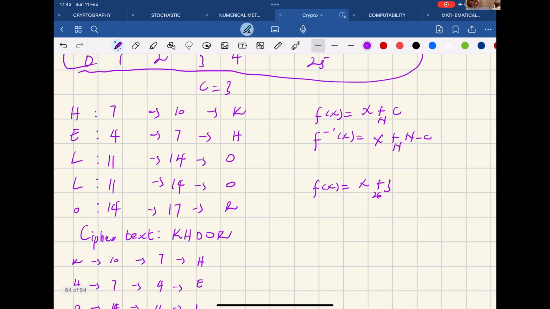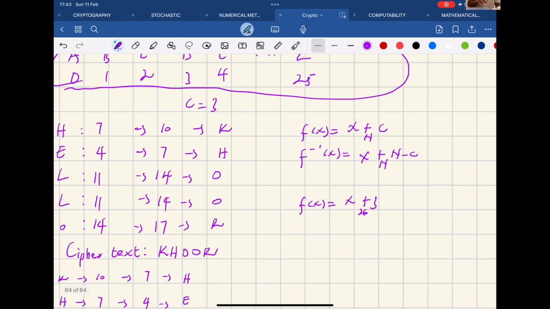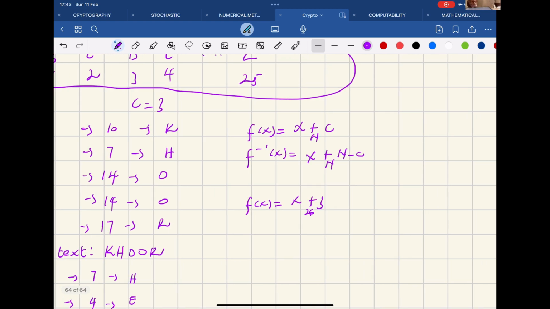So if you have, say, HELLO, in place of x you put in the value of H. For instance, f of H, x is now 7, so 7 plus 3, in modulo 26, you're going to get 10, and that corresponds to K.